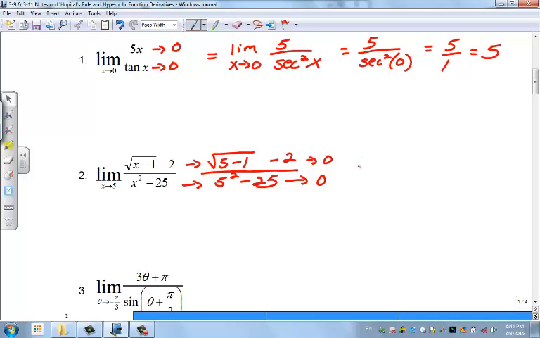So we say this limit is equal to the limit as x approaches 5 of, well, radical x minus 1, when I take its derivative, that's x minus 1 to the 1/2, right?